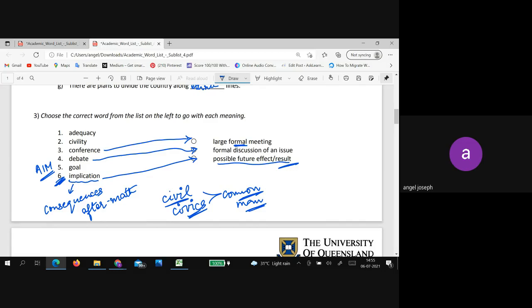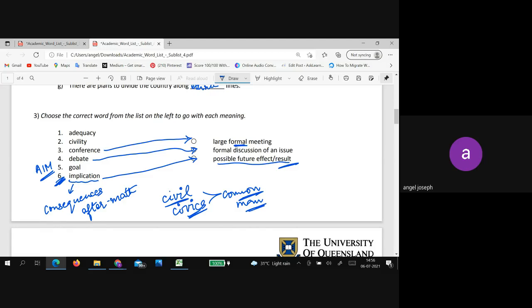So the rest of the people are bearing a lot of implications. They are seeing a lot of consequences. Even people above 60 years of age are not able to get their second dose. They are late for their second dose, which is a grave implication.